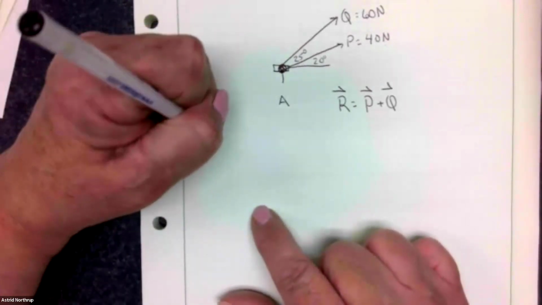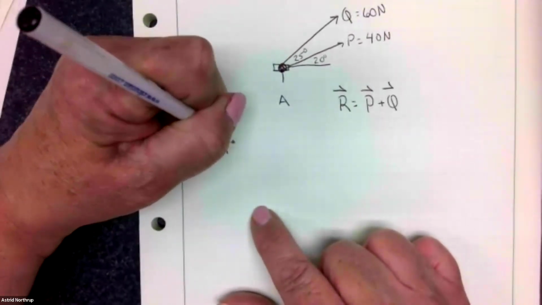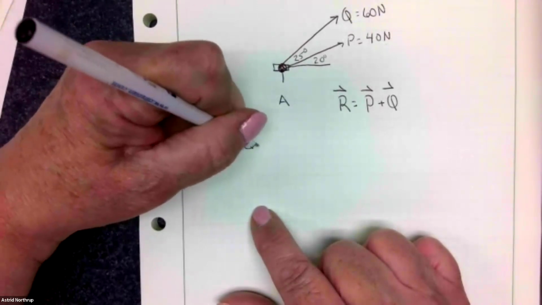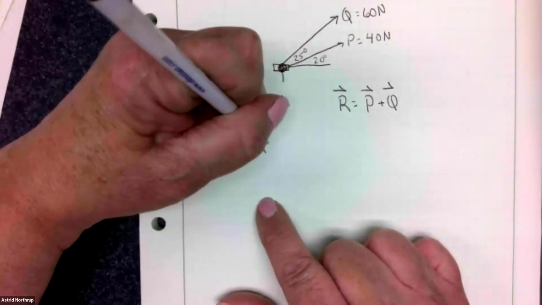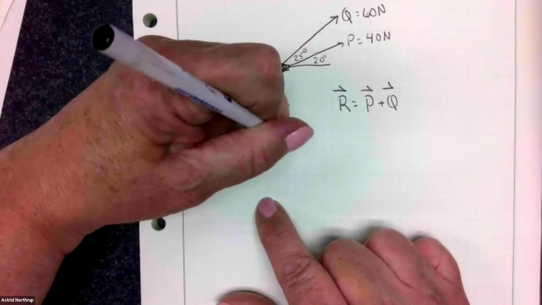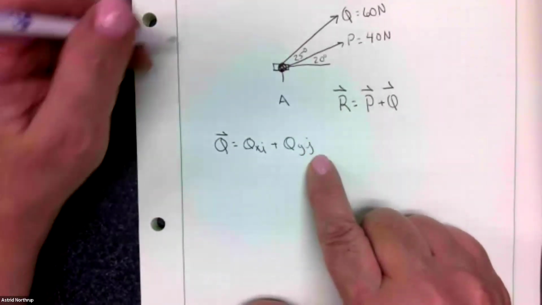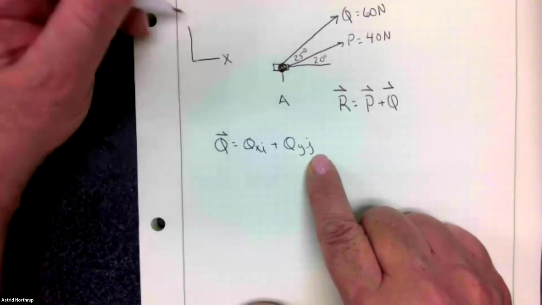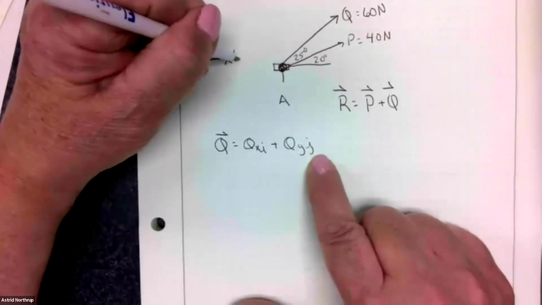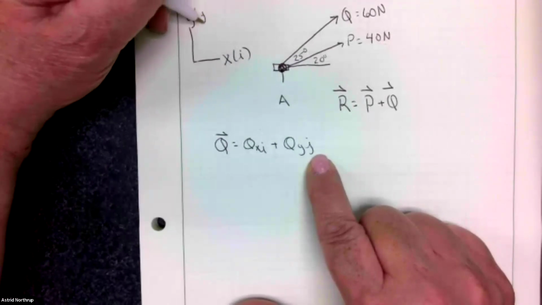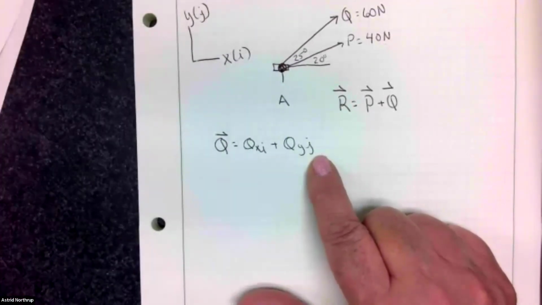But what we can do is take vector Q and break it into some Q sub X in the I direction, added to some Q sub Y in the J direction, or along the X axis and along the Y axis. I and J are very, very commonly used.